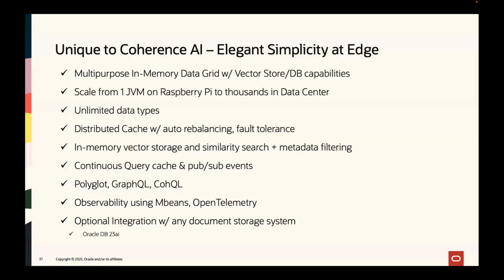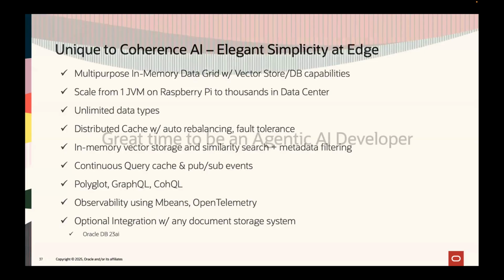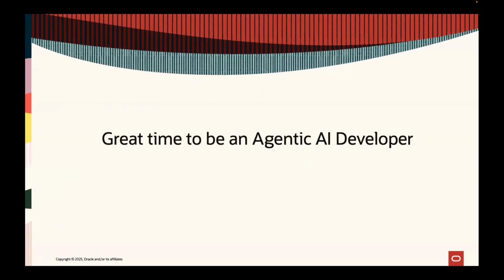An example of that would be Oracle 23ai. So it's really a great time to be an agentic AI developer, and it adds a lot of value that you can leverage Helidon and Coherence as part of that AI story. So with that, I'll pass control back to Quan.